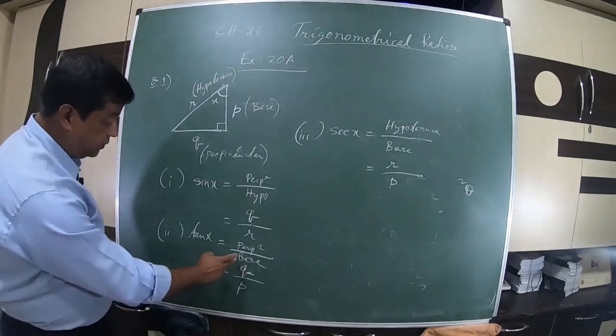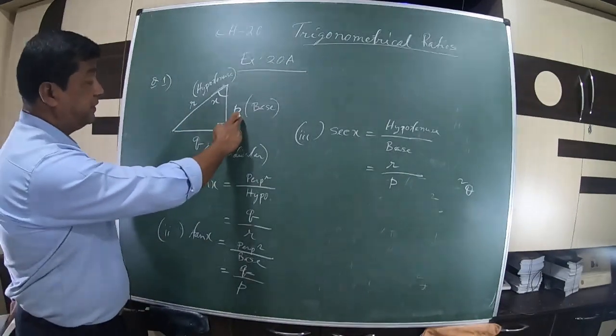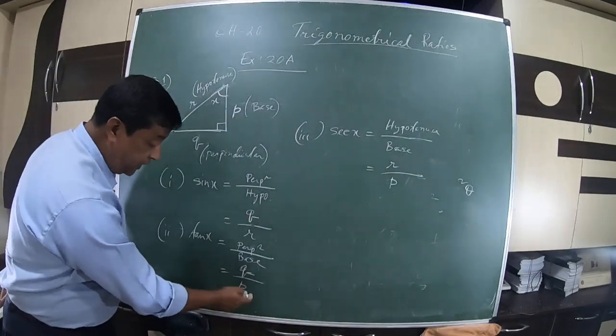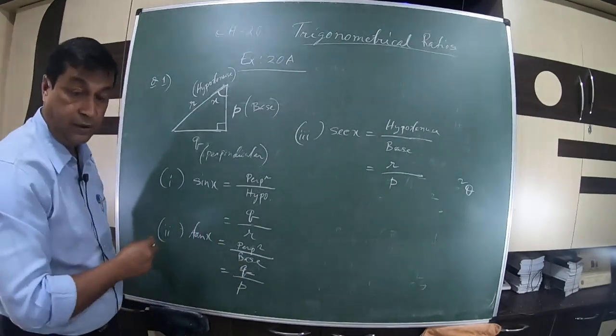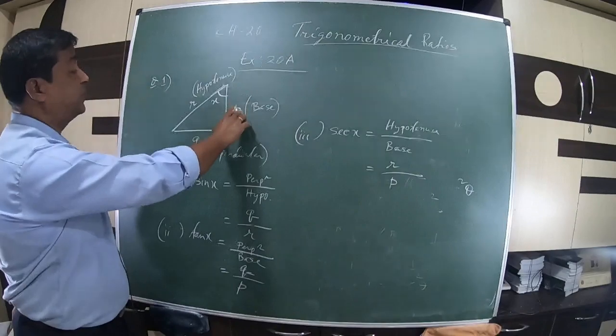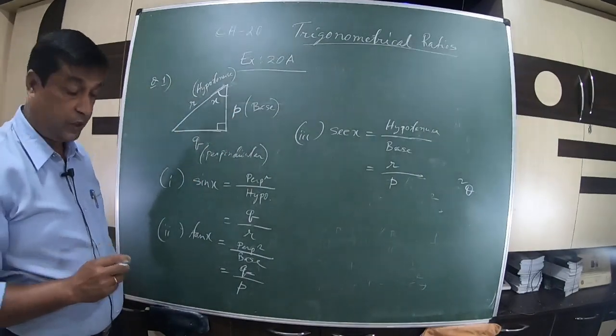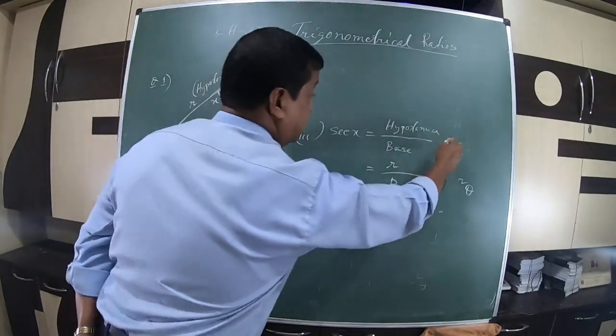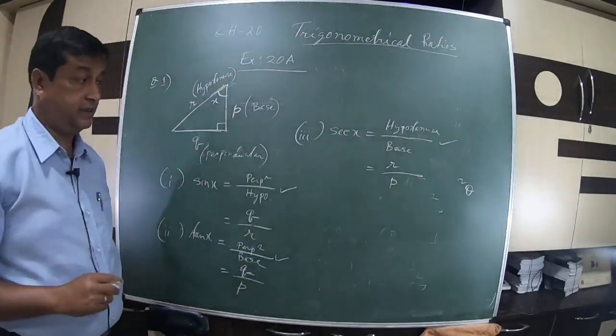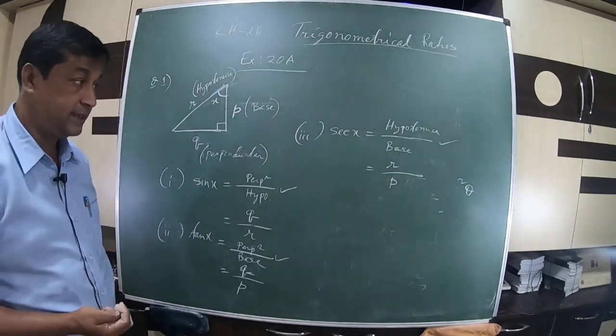Then what is the base here? P. So there is q by p. From there only the tan x value is coming. The values are coming out from the given diagram. The formula you have to learn by heart. This is the formula, this is the formula, and for the third one, this is the formula. These you have to memorize, then you have to replace the values.